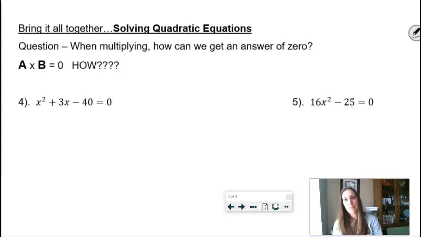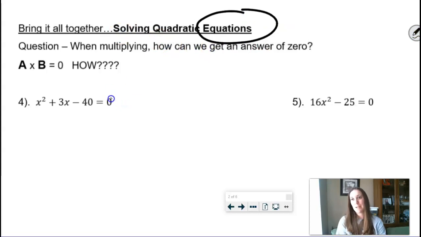So let's think about this. Once I turn this into an equation, that means I set it equal to something. So think about this theory problem in math. If you have 2 things being multiplied together and their product is a 0, what do you know has to be true? Well, the only way for a product to come out to a 0 is if one or both of the numbers are 0. So that's what factoring is. That's why we're using it.